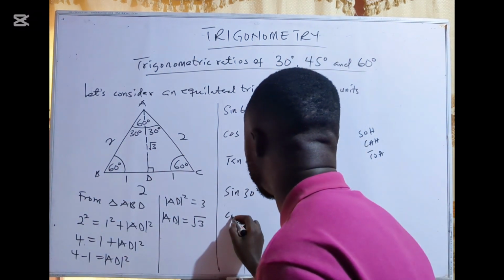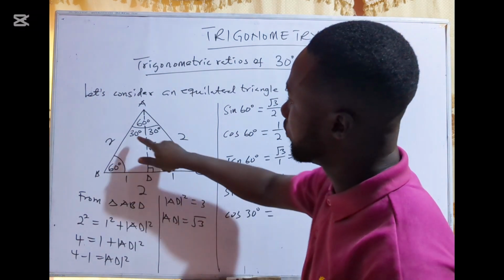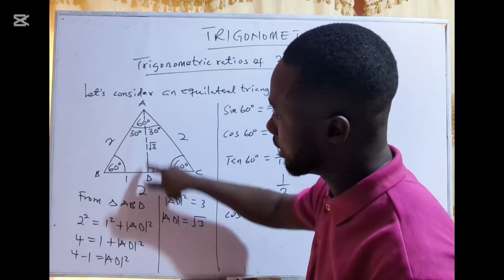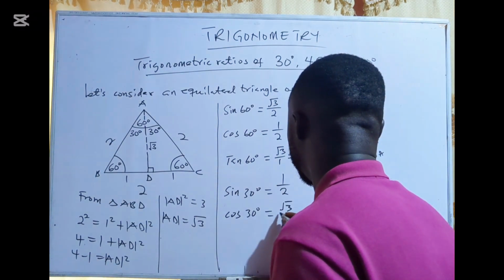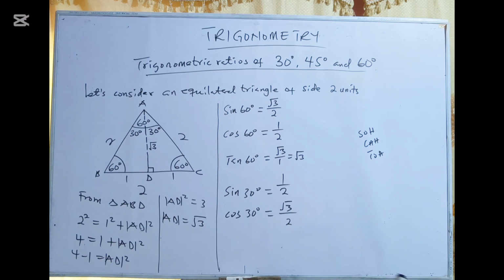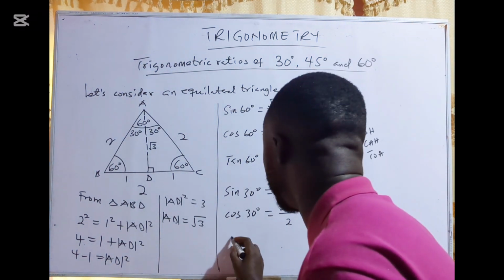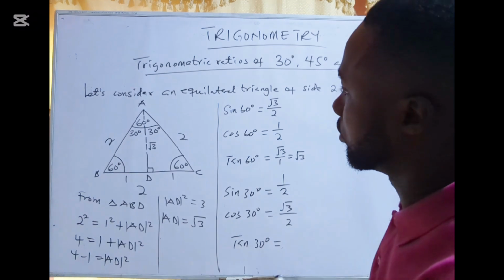Alright, then cos 30. Cos is adjacent. If 30 is here, then the AD becomes my adjacent, the side close to the angle, and that is root 3. And then over my hypotenuse, which is 2. So that is root 3 over 2. And then last but not the least, tan 30 degrees. Okay, so 30 is here.